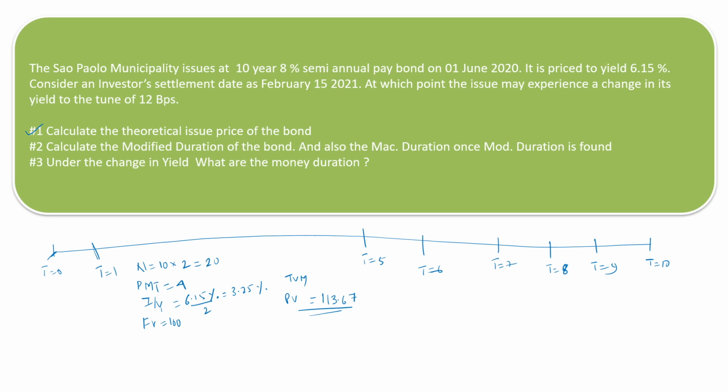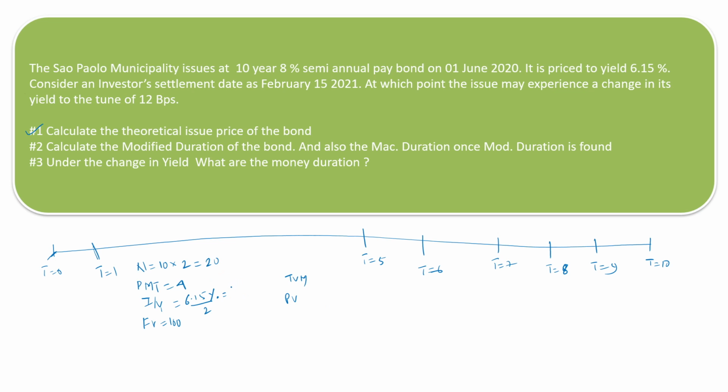So let me work out the problem here. I input 20 as the number of periods, 4 as the payment each period, 3.25. Okay, 6.15 is the yield, so this becomes, it's not 3.25, it's 3.075. Oops. That's where possibly the error might have crept in.